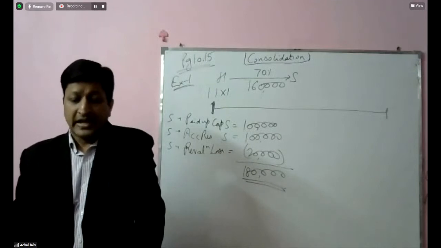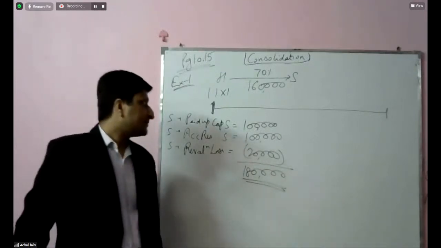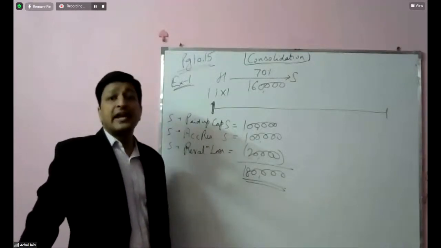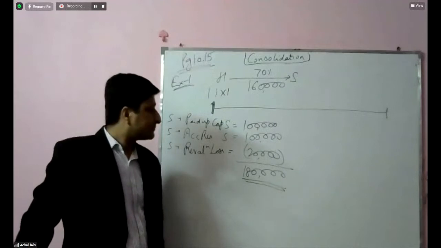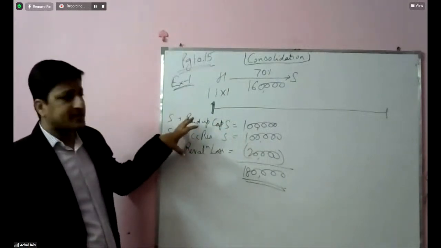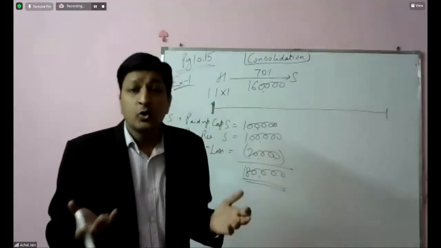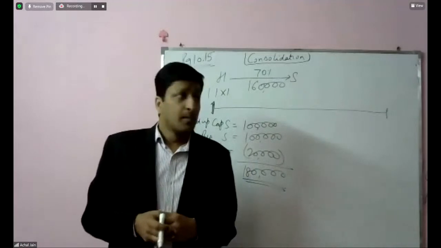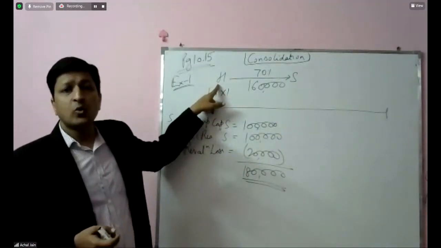Now, in this scenario, we are also required to check whether we will get goodwill or capital reserve in this. This is the total net assets. So if you look at 1,80,000, what does it reflect? Total net assets. But has H acquired total net assets?